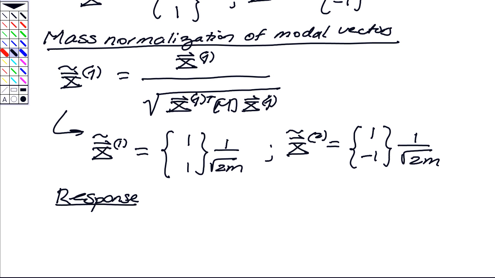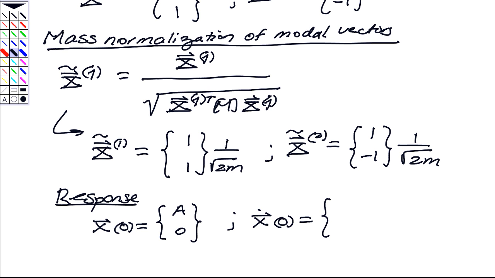The response is that we start out with initial conditions of giving a displacement to mass 1, but not to mass 2, and we start out from rest. So the initial x dots are 0.